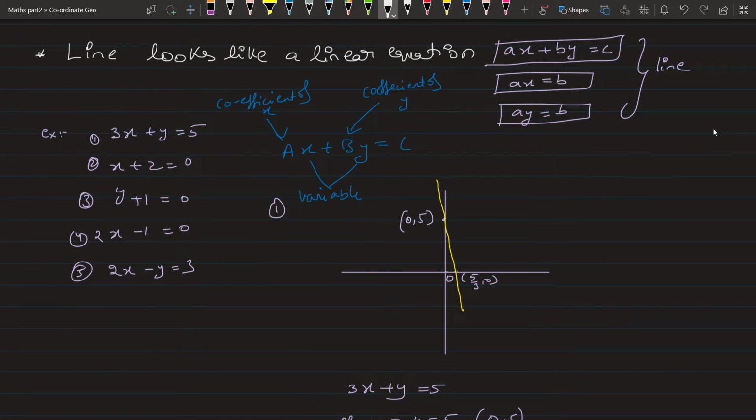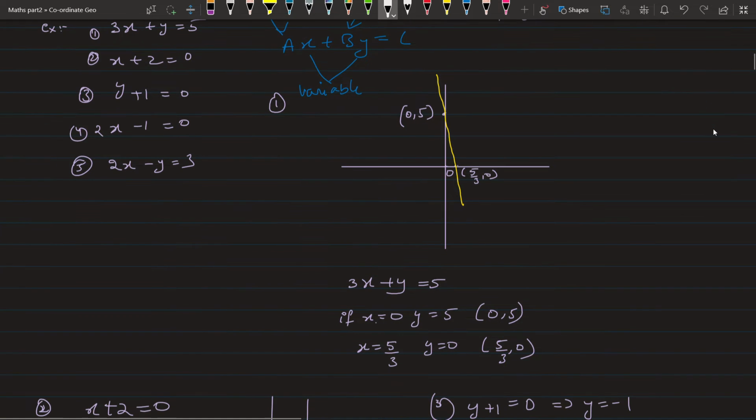Further, ax plus by equals c is the standard equation of a linear equation. Here a is the coefficient of x, b is the coefficient of y, and x and y are variables.